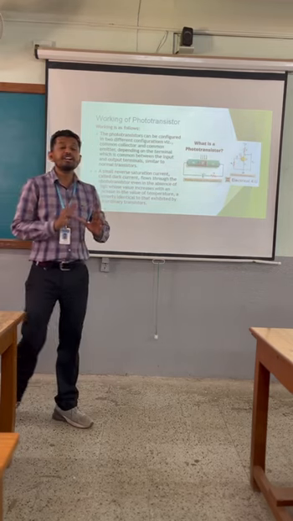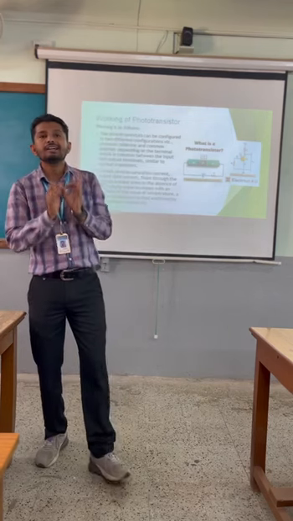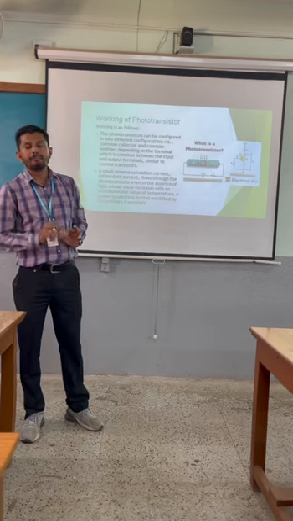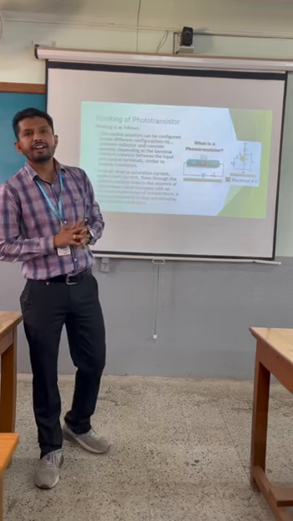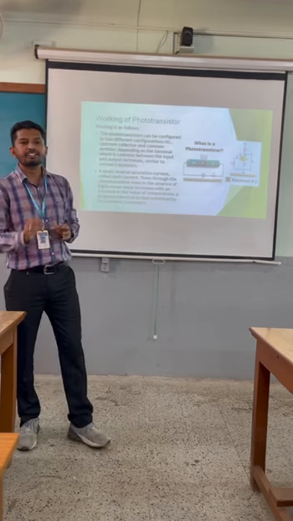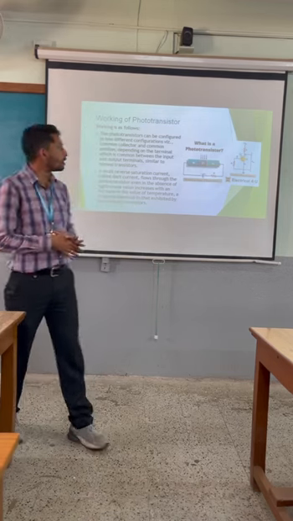The phototransistor works on forward bias. Why forward bias? Because when light falls on the base region, the P-type and N-type substrates are connected, the P-type to the positive terminal of a battery and the N-type to the negative terminal, because it works on forward bias.